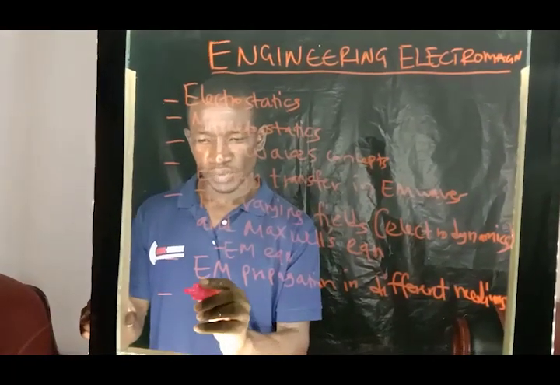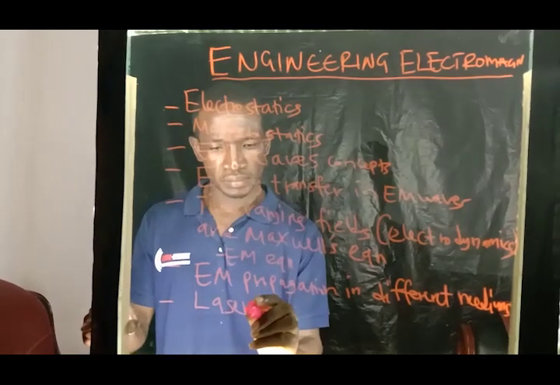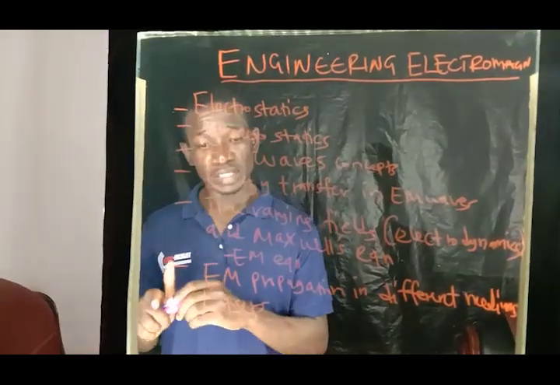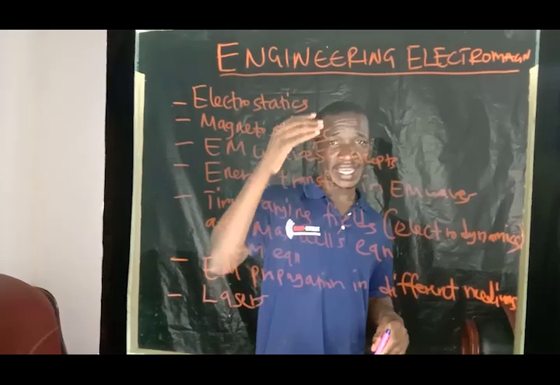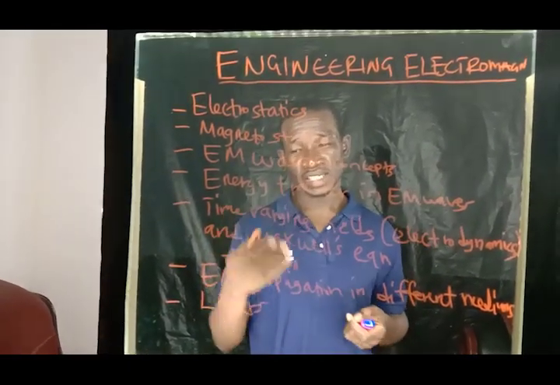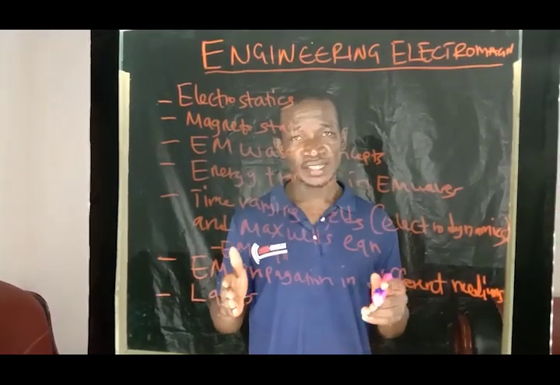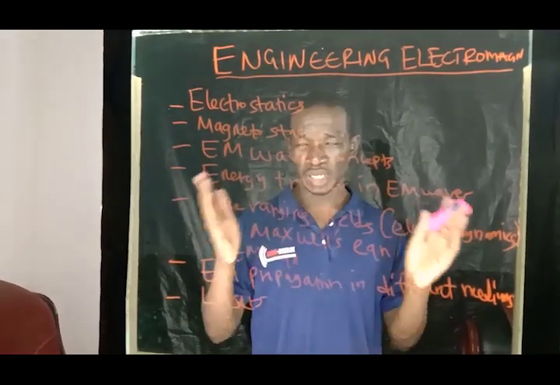Finally, we're going to look at lasers. In today's world and in technology, when you talk about electromagnetic waves and electromagnetic fields, these have actually resulted in lasers. Laser is something that has actually revolutionized technology.